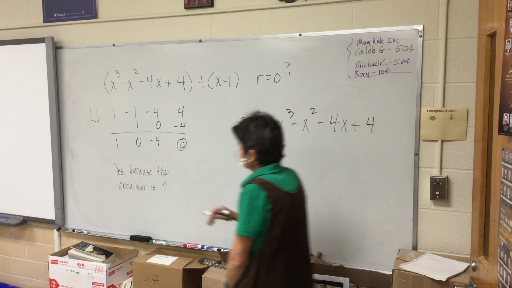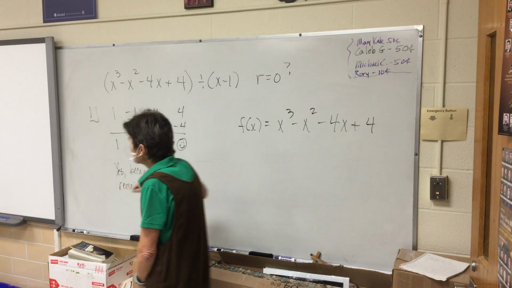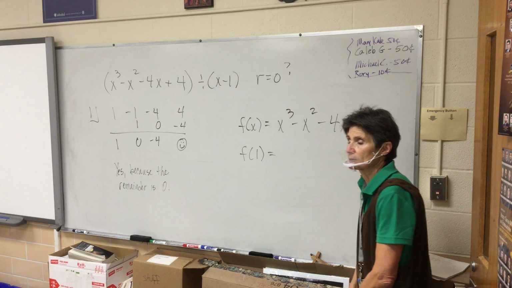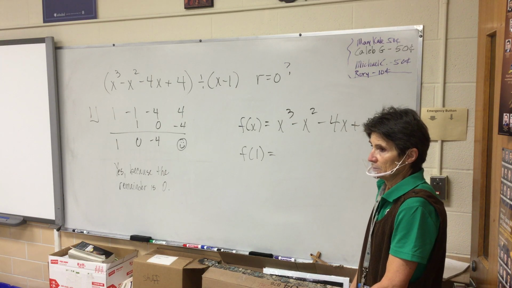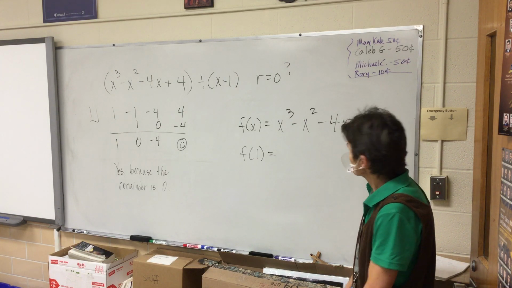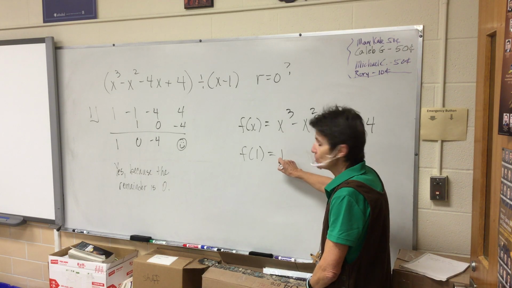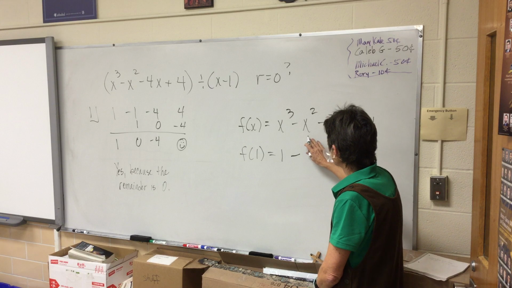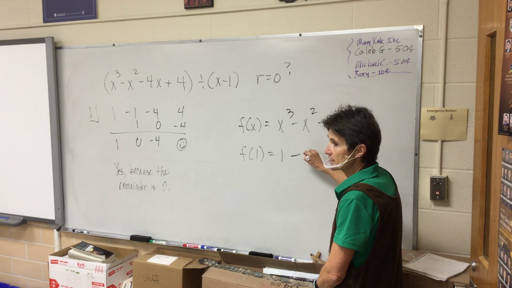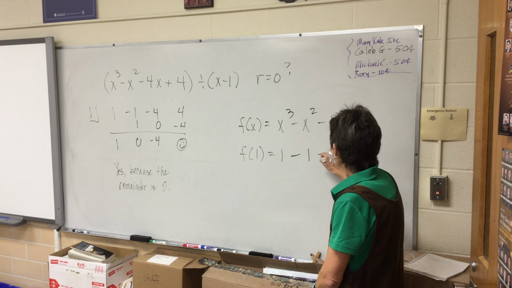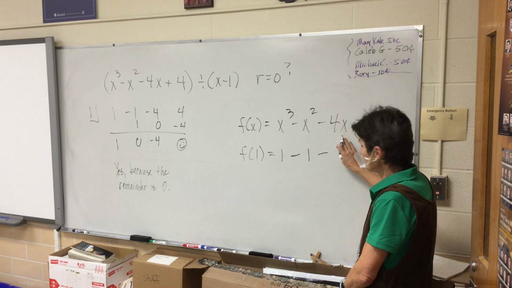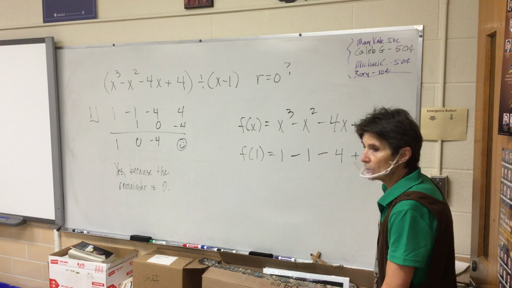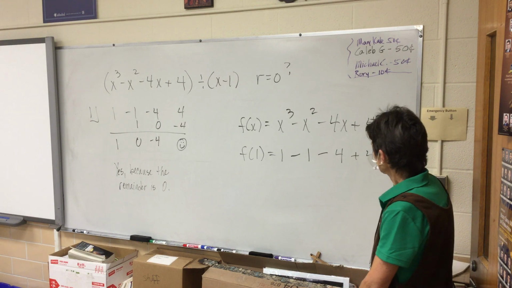And instead of dividing by 1, let's suppose I plugged 1 in. Well, you know how to do that. You just plug 1 in. So you have 1 cubed, which is 1, minus 1 squared, which is 1, minus 4 times 1, plus 4. What does that all add up to?